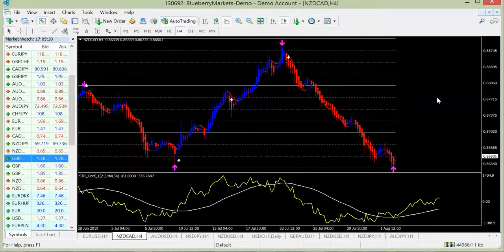So how to use it? If you know, I really like to use a two arrow system, and here we also have a two arrow system. Why? Because this is swing trading. The pink arrows, remember, are not to be traded.